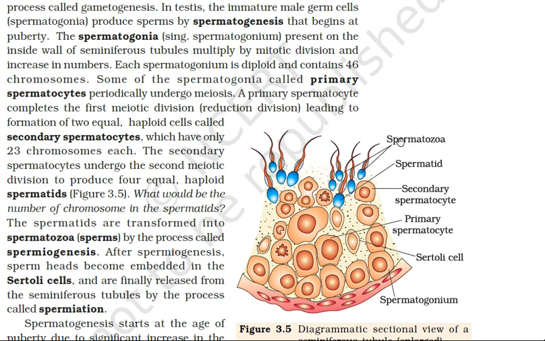The second meiotic division produces a total of four equal haploid cells called spermatids. Thus each spermatid has 23 chromosomes.